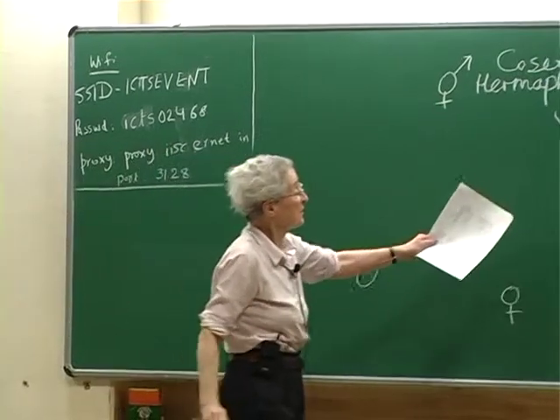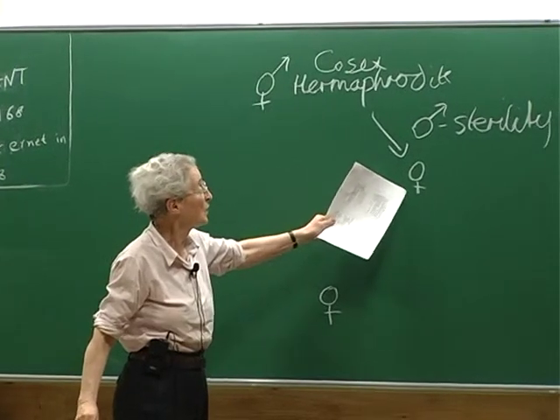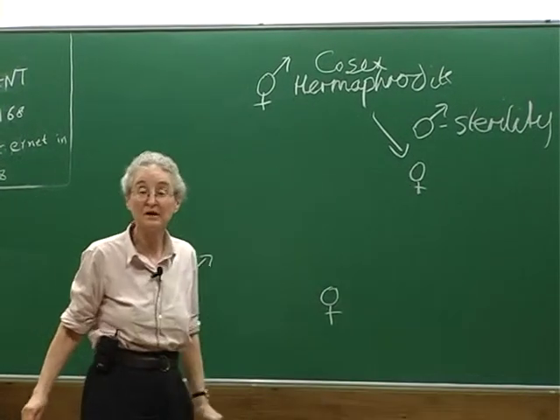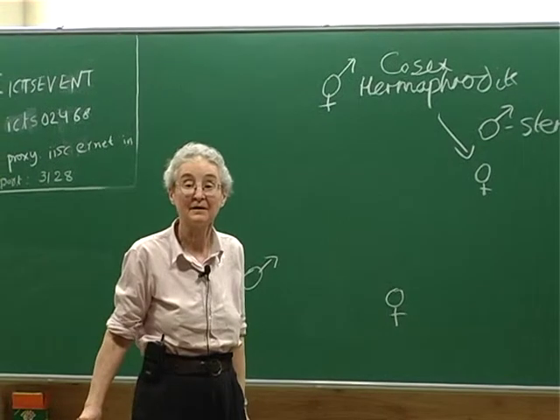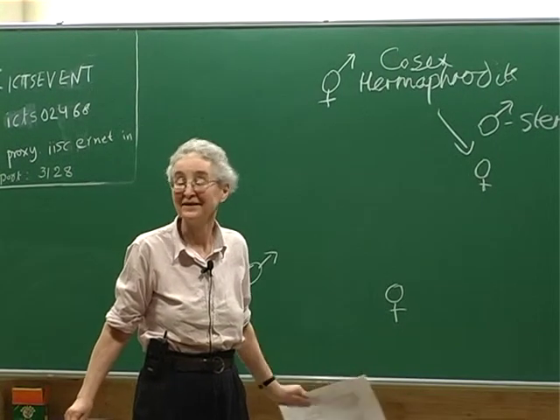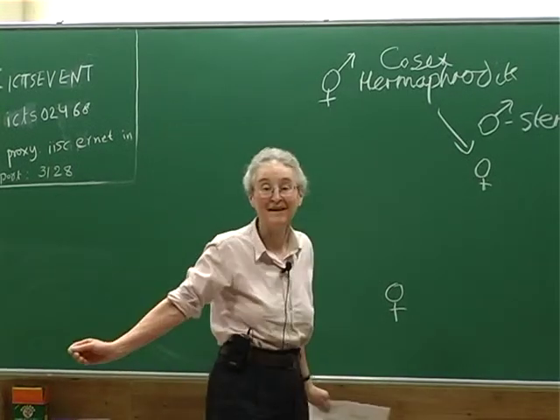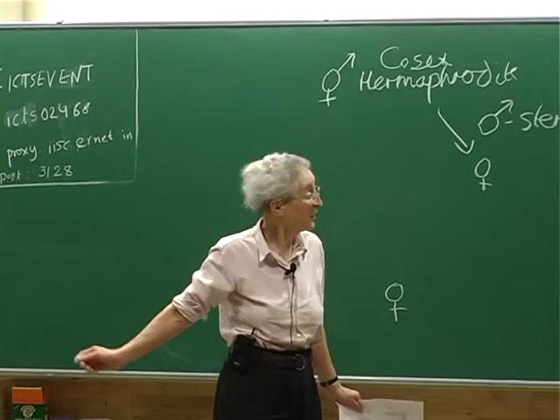So in thinking of the population genetics, which we'll come to in a bit more detail in a moment, what will happen? Will this mutation go to fixation? No, it won't go to fixation. Why? Yeah, you have to have males.